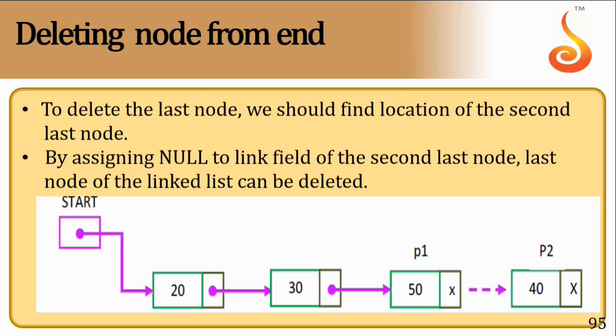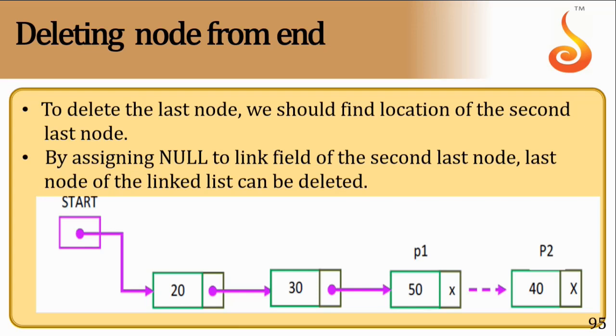So if you want to do that, then you need to have the location of the last but one node. For that reason, I will have two pointers, like one would be pointing to the last node and the other would be pointing to the last but one node. So when I free the last node, I need to make the link part of the last but one node point to null. This is the thing.